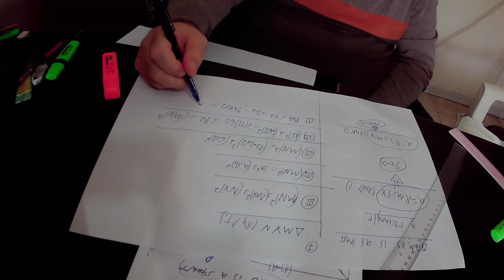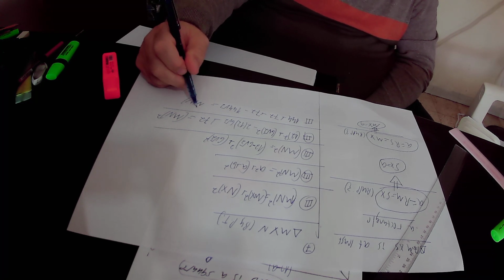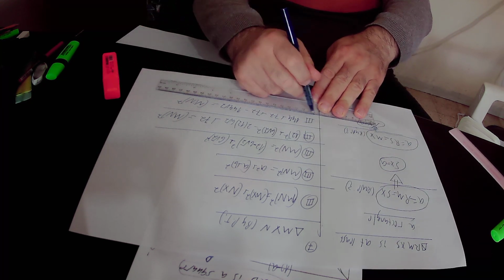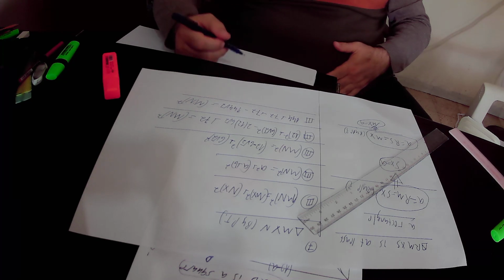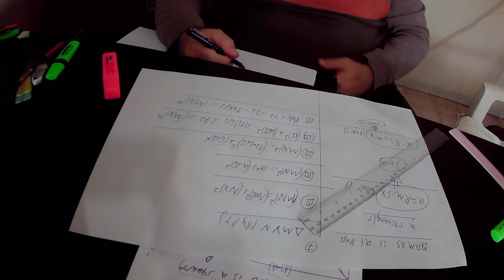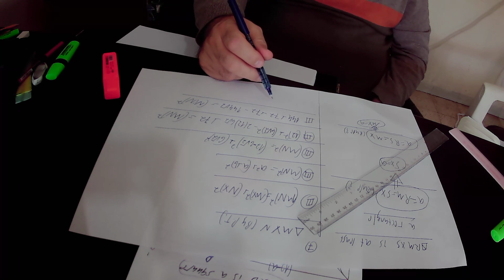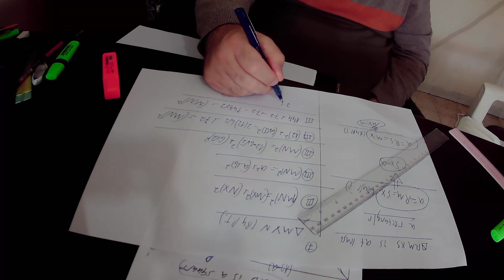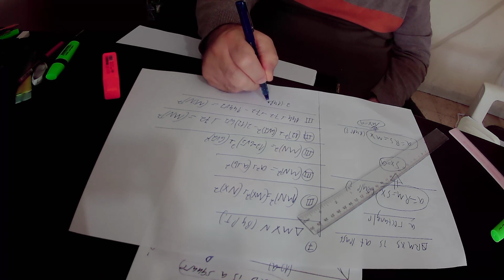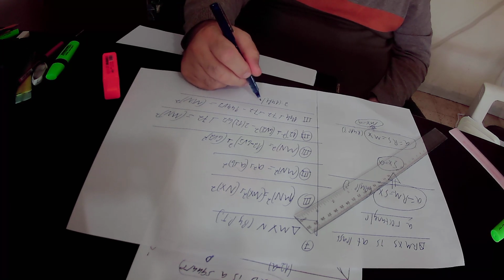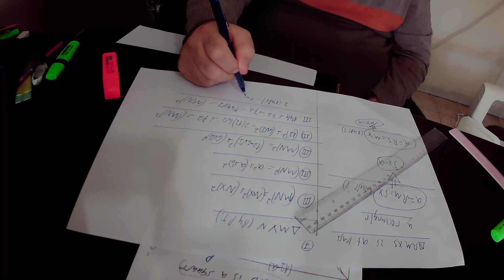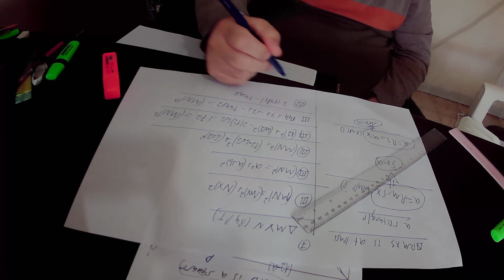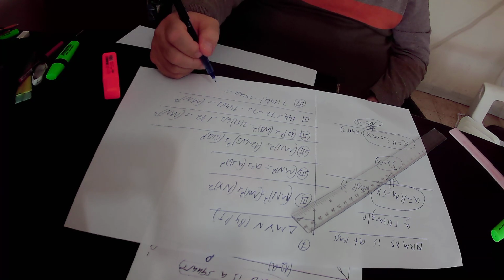That equals MN squared. 72 plus 72 is 144, and 144 plus 144 is 2 times 144, minus 144 times square root of 2, equals MN squared.